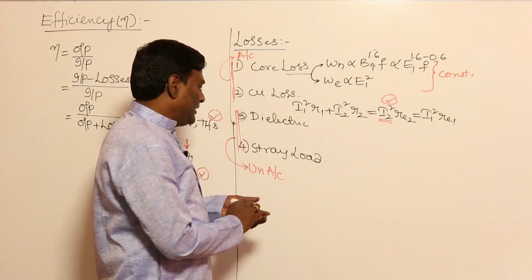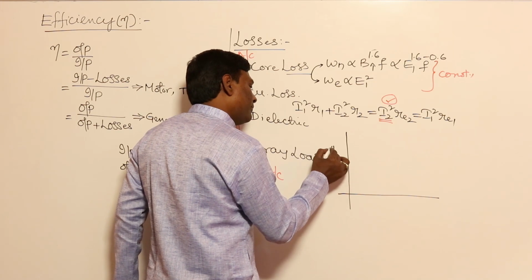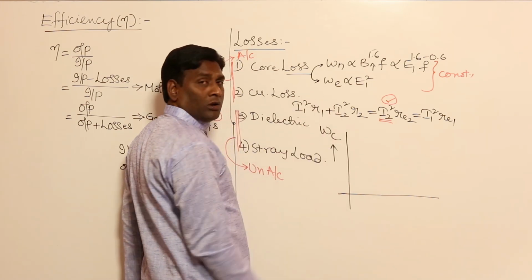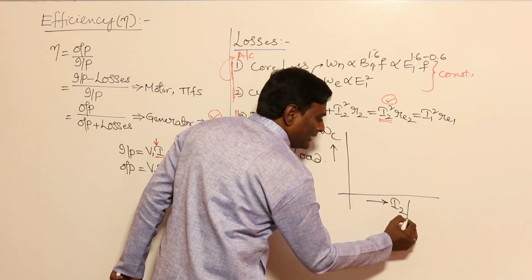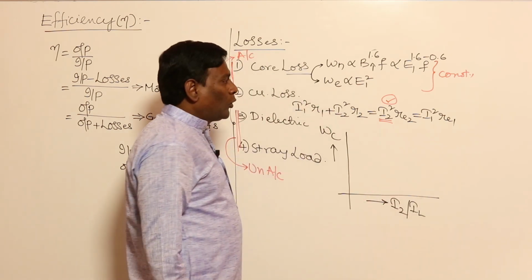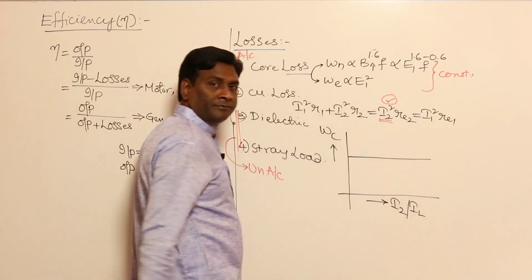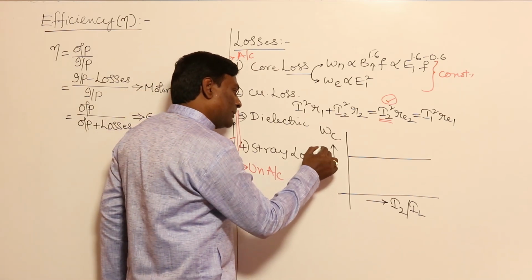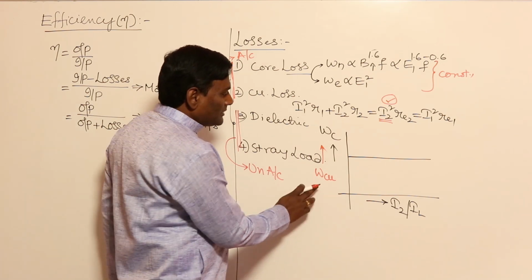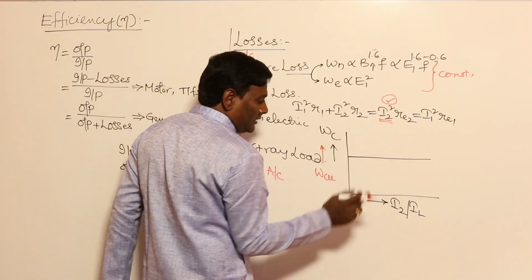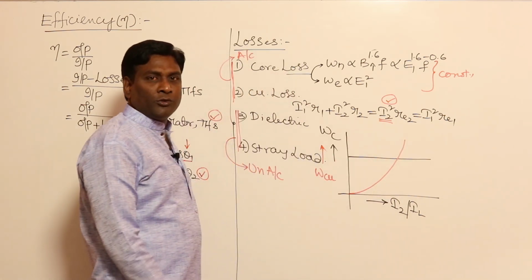Now let me draw core loss with respect to the loading current I2 or IL, the load current. Core loss is going to be constant, yes, core loss is a constant loss. Now let me think of copper loss. Copper loss is directly proportional to square of the current. So with I2 square, copper loss has square proportionality.